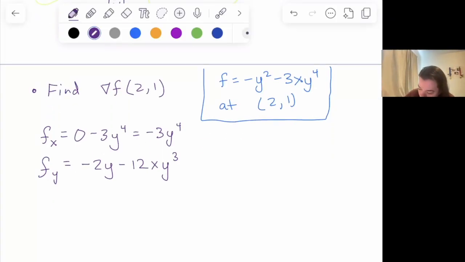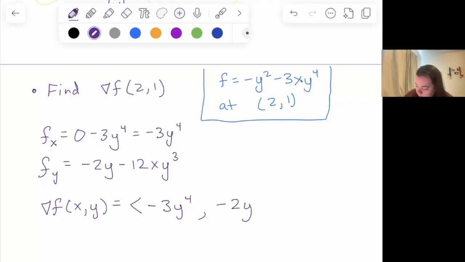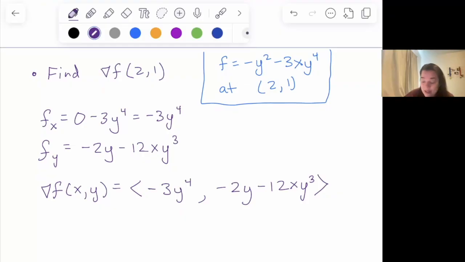I'm going to just summarize. This is our gradient vector at the point (x, y). I put the f sub x in the first spot, and I put the f sub y in the second spot. Now we need to find the gradient vector at the given point.